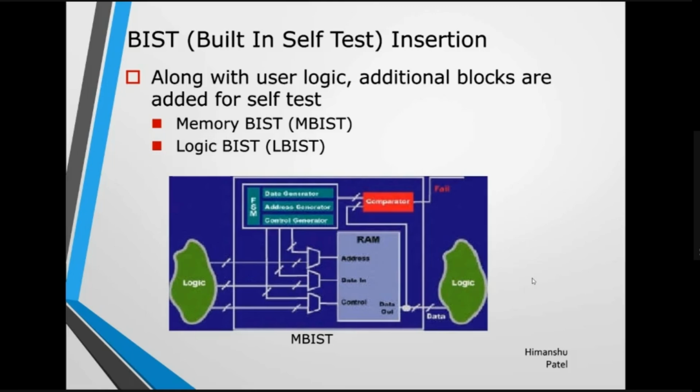There is another one called the register file, RF. A register file is also a type of memory, which is close to RAM, and it is also considered a memory.